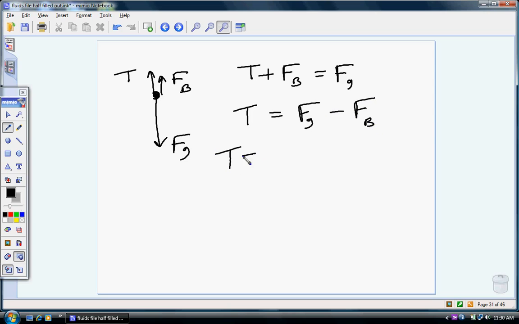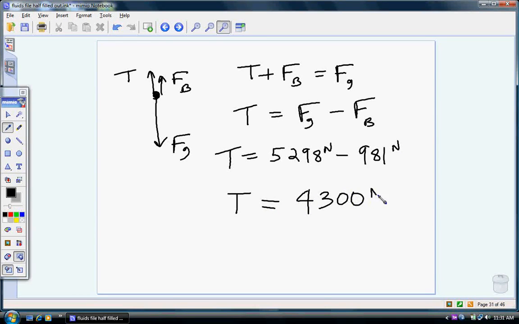So we know the weight of the whole cylinder, and we know the buoyancy force. So the tension turns out to equal, if you round to 2 sig figs, 4,300 newtons. There's the answer.